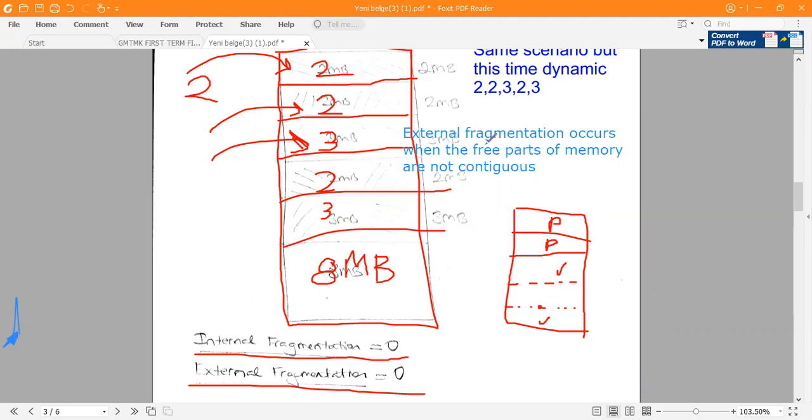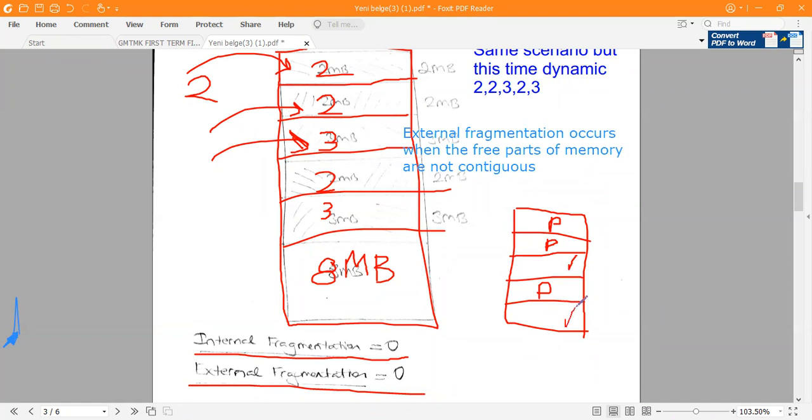So external fragmentation occurs when the free parts of memory are not contiguous, like this one. Think about it, we have some empty space here. So this is an empty part of memory.